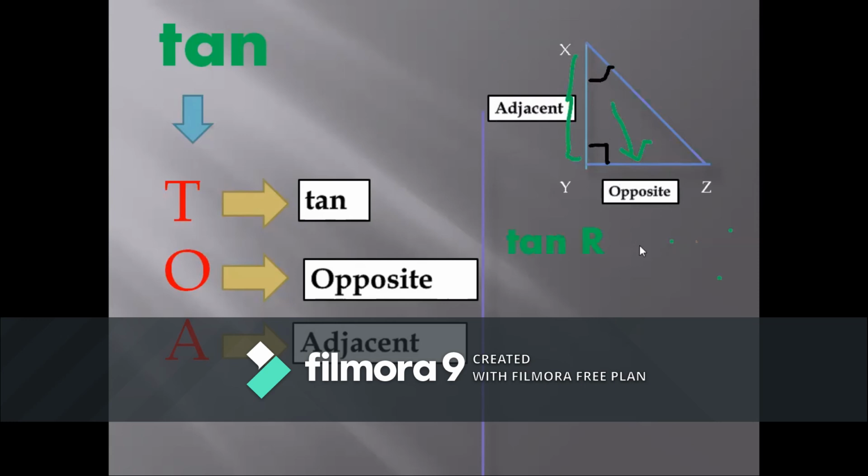Now let's see tan for the angle X. Looking from the vertex X, tan can be written as opposite upon adjacent, that is YZ upon XY.